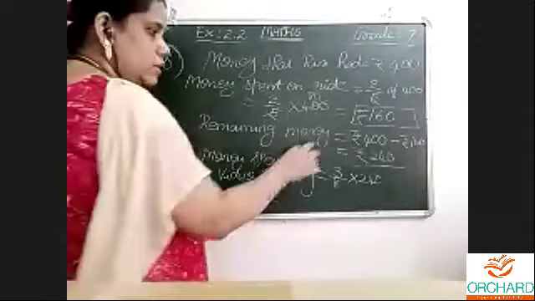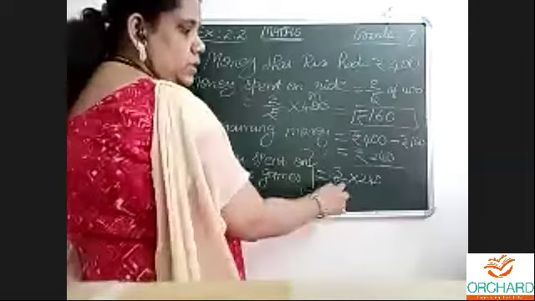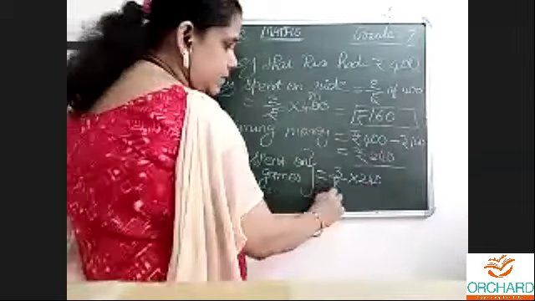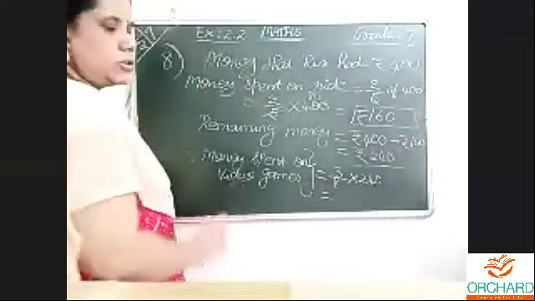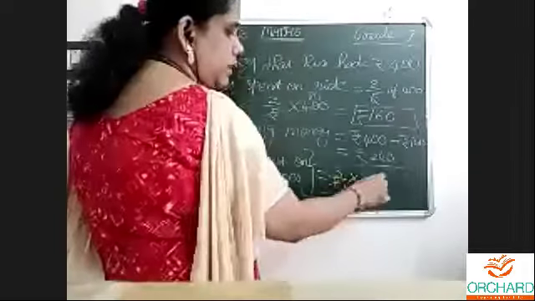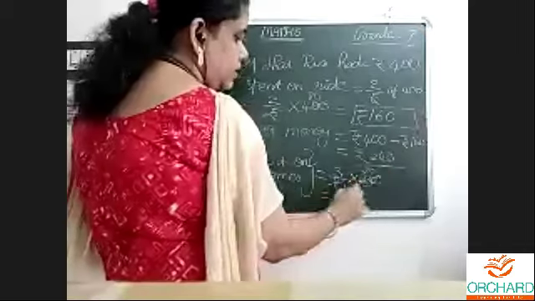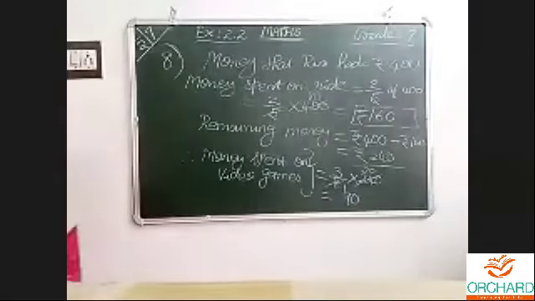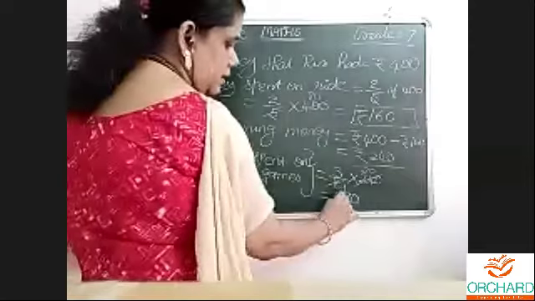Use this amount. Now 3/8 of the balance money is the money that's spent on video game. 8 3s are 24, 3 30s is 90. So 90 rupees is the money.